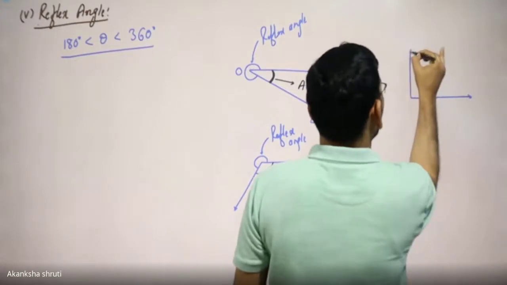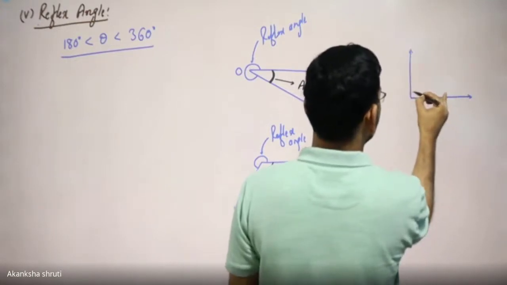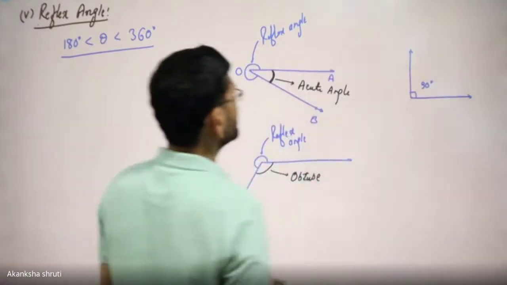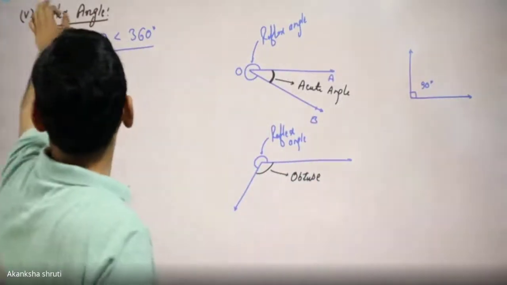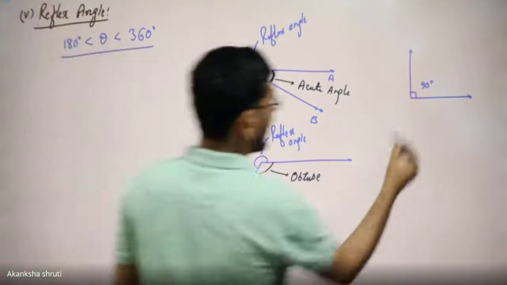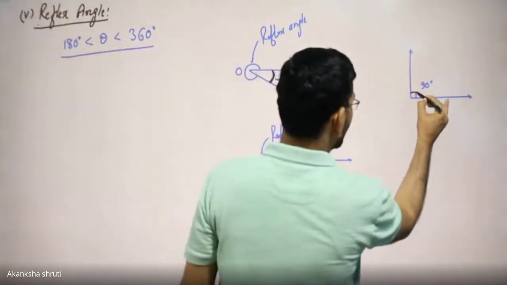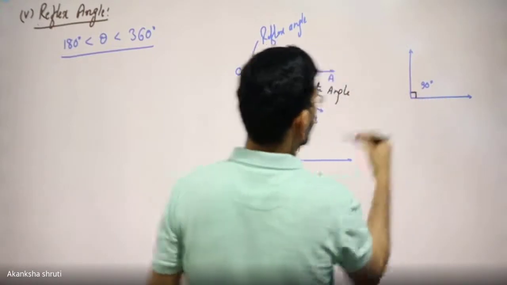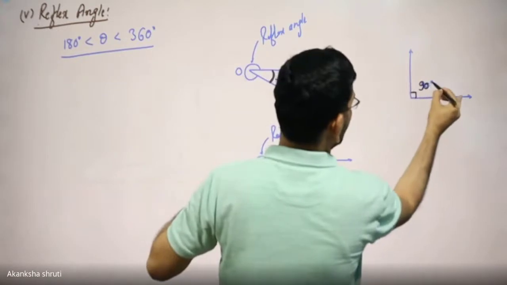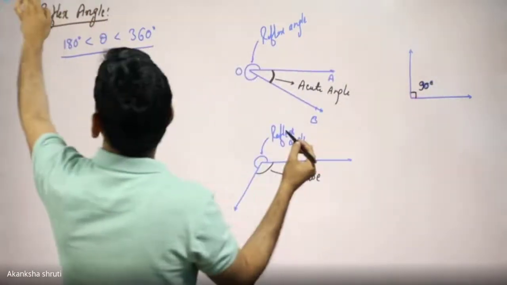For example, if we consider this angle as the right angle, meaning 90 degrees, and we want to get its reflex angle, then surely our reflex angle will be the angle greater than 180, and that we can see from the other side.